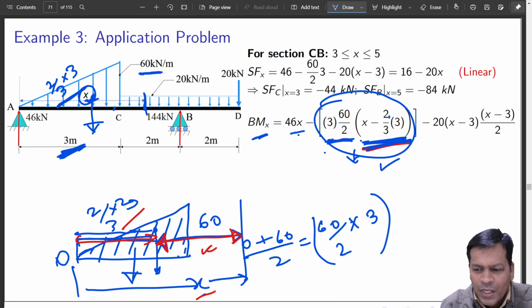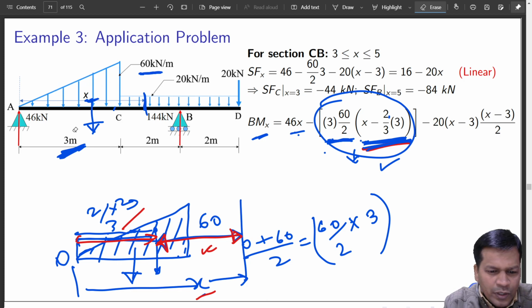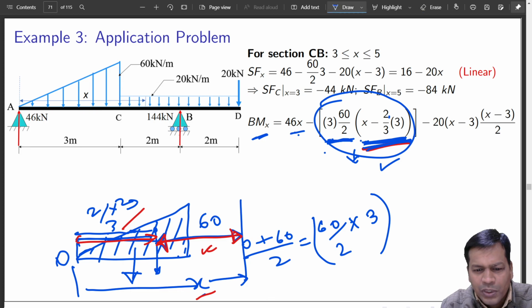And then the remaining part of the beam, how is the loading? That is the second part of the loading, that is a uniformly distributed load of 20 kilonewton per meter at a distance x, and you have to take only this much of distance. Is it not? So till here, because you are at a distance x, where you are interested.